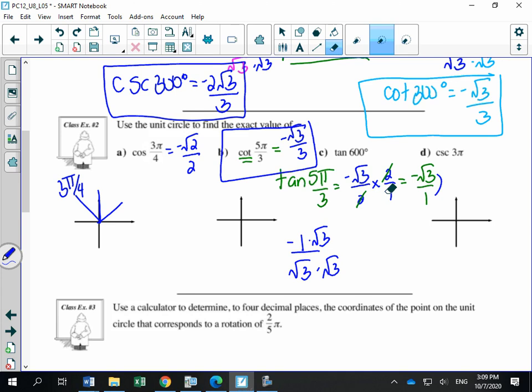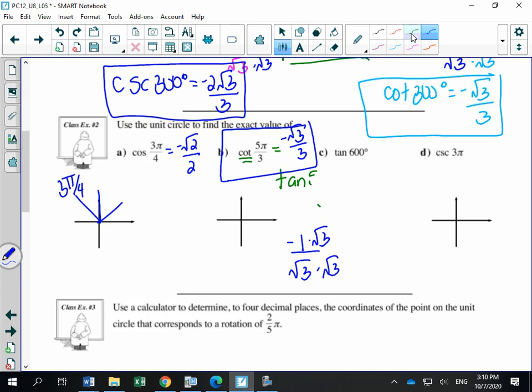Okay, next question. Let's do the tan of 600 degrees. So we always want to be dealing with our principal angle. So we want to have our smallest positive rotational angle. So tan of 600 is going to be the same as, if I subtract 360 from this, the tan of 600 minus 360, which is 240.